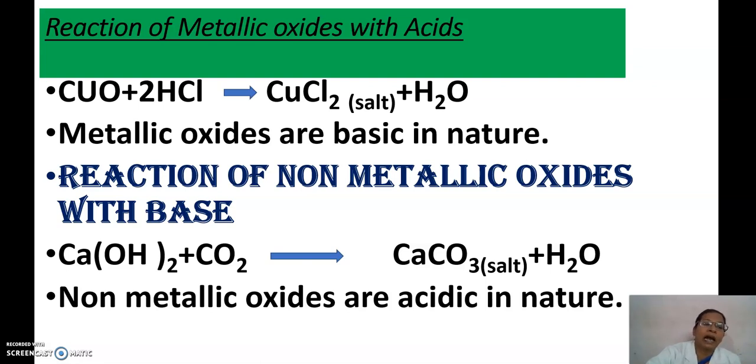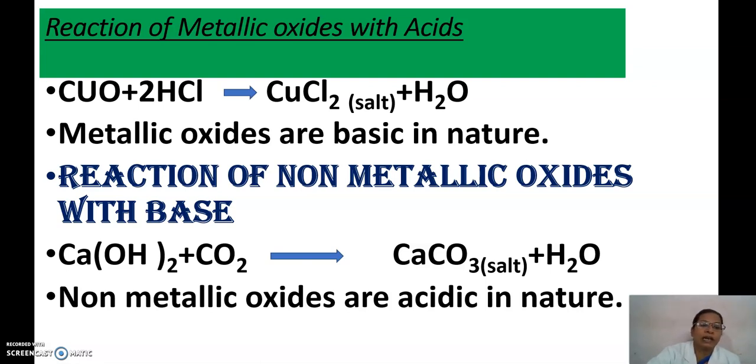Hydrochloric acid is clearly an acid from the formula, but the metallic oxide, copper oxide, is acting in the form of a base. So we are getting the products salt and water.